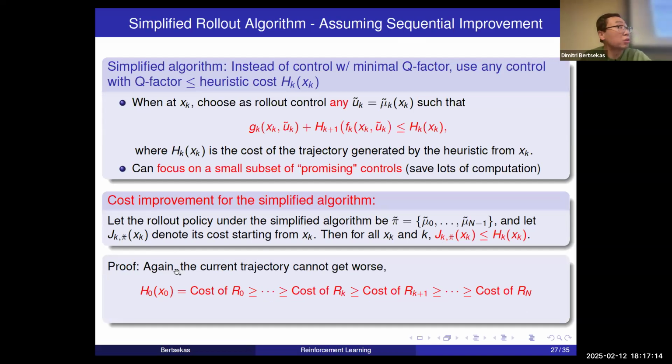And the reason is quite simple, straightforward. You can again construct this sequence of tentative trajectories R0, R1, R2, until Rn. And given that the control you select satisfies this inequality, this line of proof still goes through. Any questions?